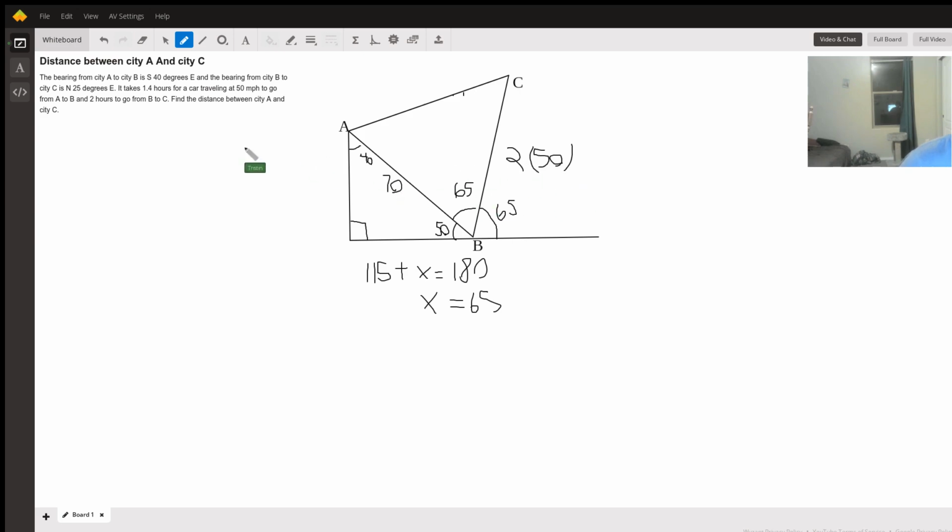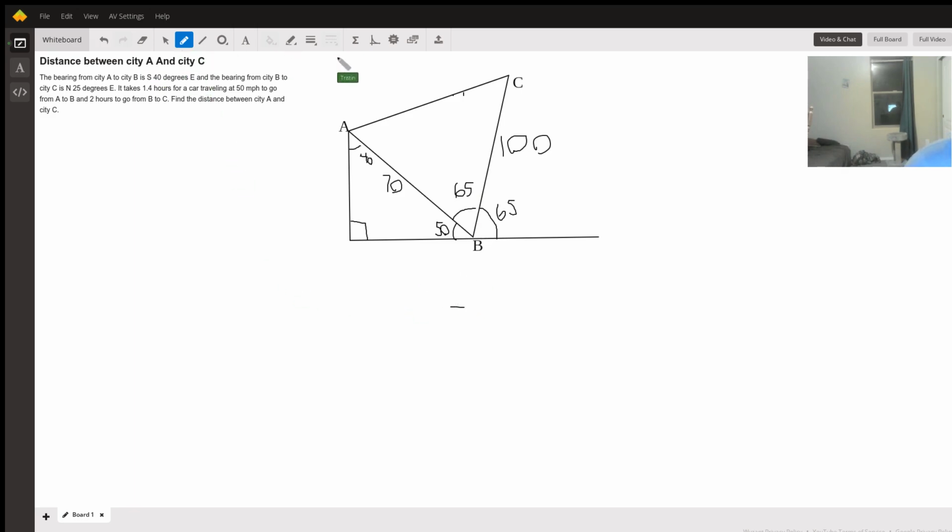And this distance right here is given as 2 hours at 50 miles an hour, so the total distance is 2 times 50, which is 100. So if we want to solve for this distance right here from A to C, we have a side length, an angle, and another side length, so we can use the law of cosines in this case.